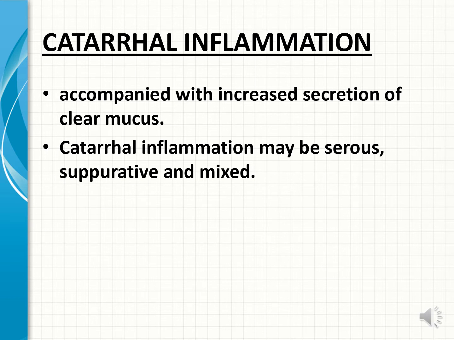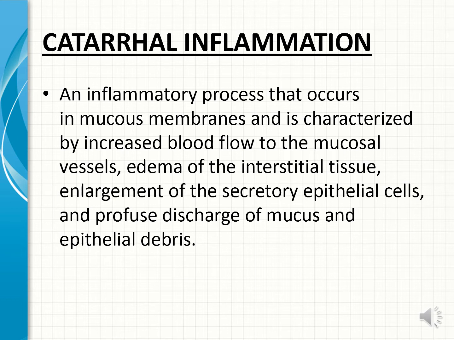This kind of inflammation is accompanied with increased secretion of clear mucus or mucin. The catarrhal inflammation may be serous, suppurative, and mixed. An inflammatory process that occurs in mucous membranes and is characterized by increased blood flow to the mucous vessels.